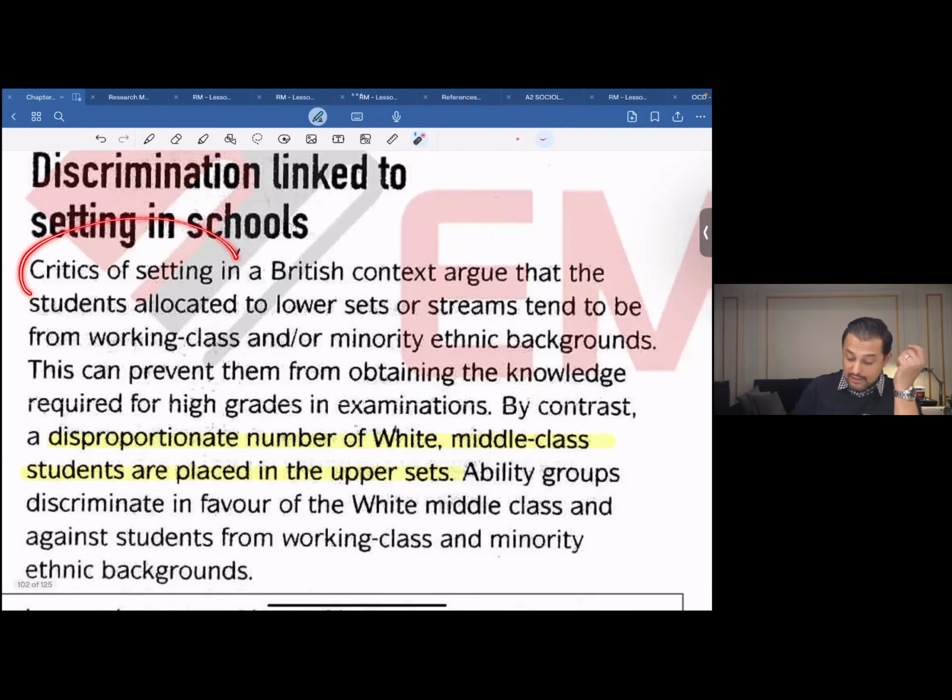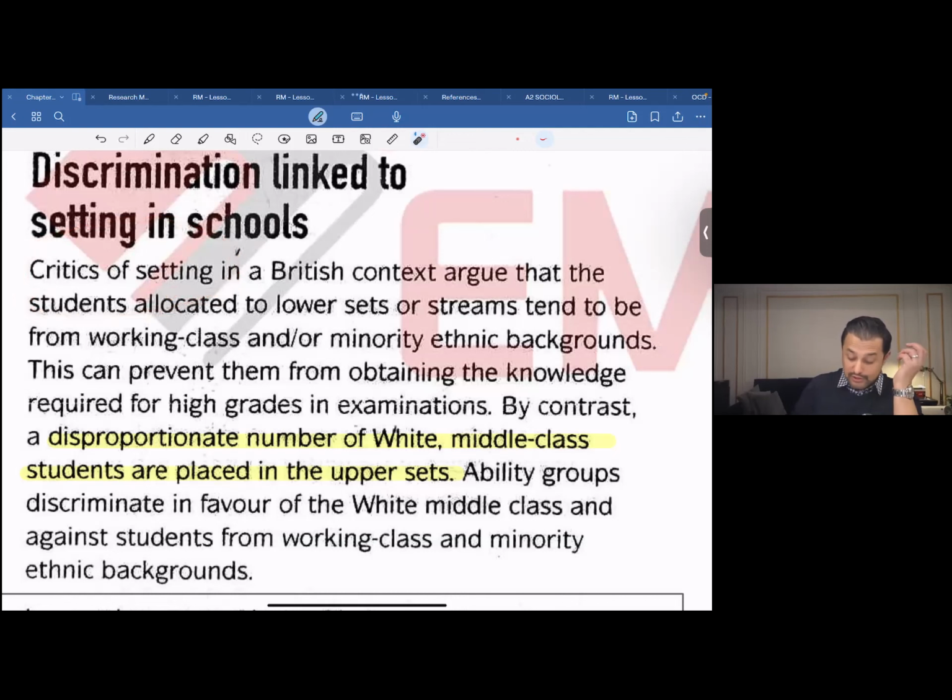Critiques of setting, and we did discuss this earlier. Apparently, the idea behind setting was to identify low achieving students and put them all together and help them. But like I said, it did not really turn out the way it was expected to.